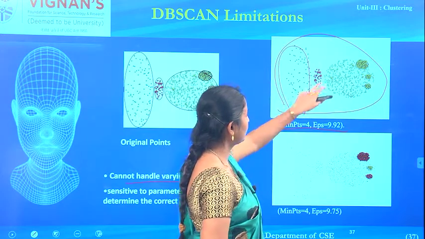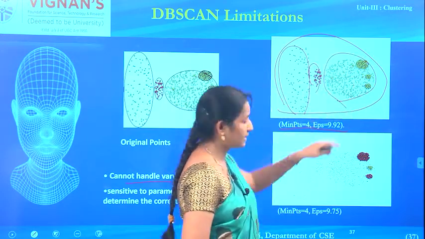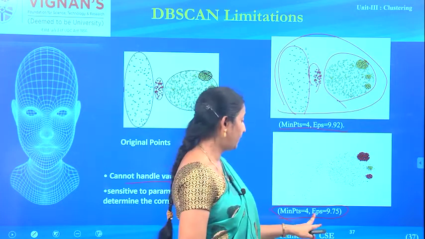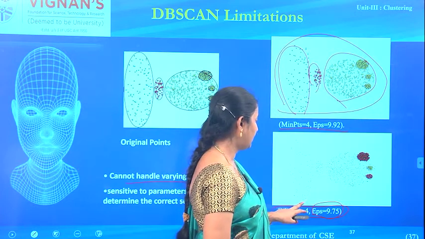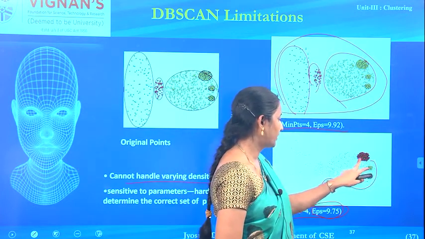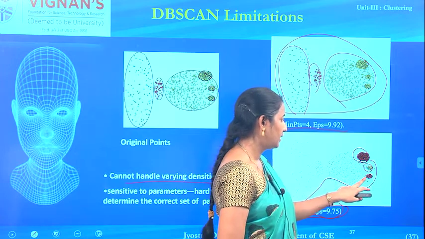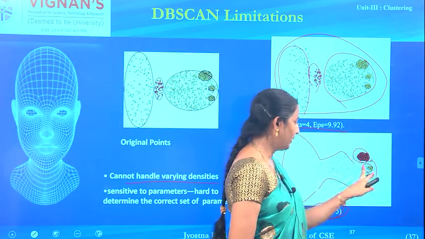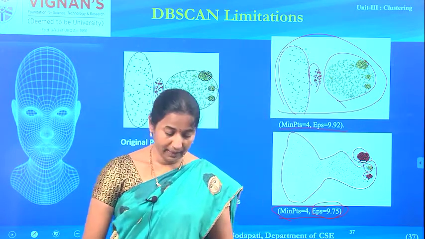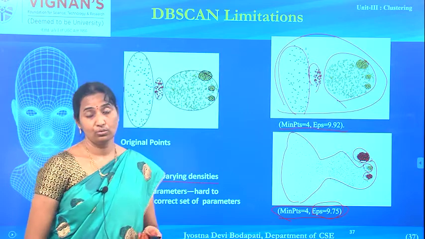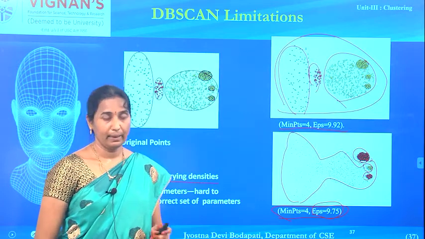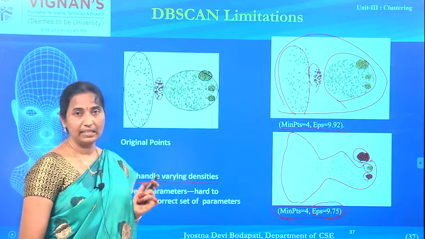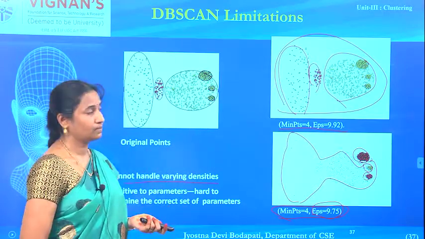So this is one cluster, this is another cluster, and all this has formed another cluster. And if I change the parameters to minimum points as 4 and epsilon as 9.75, all these elements except this are identified as a cluster, this is another cluster, and the rest of the elements are grouped into another cluster. So that is how the DBSCAN algorithm is very sensitive to the parameters, and also when the data is of varying densities, it fails to form the clusters.